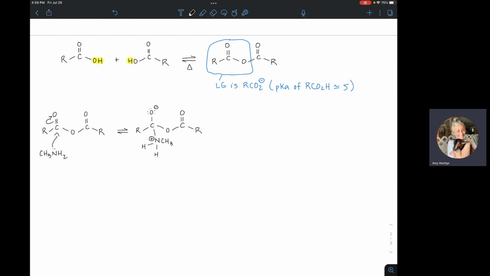We're going to watch this tetrahedral intermediate collapse and kick off the weaker base.